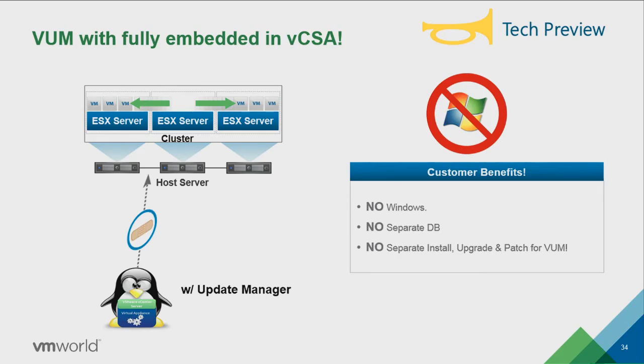This should finally remove the last obstacle that we have heard of in terms of the move to the appliance. This means no Windows, no separate DB, no separate installation, patching, cert management. And also along the way, as we have been working to port this from Windows to Linux, we have removed some dead code. We have made some performance improvements. So you should really, really consider moving to the appliance at this point on.